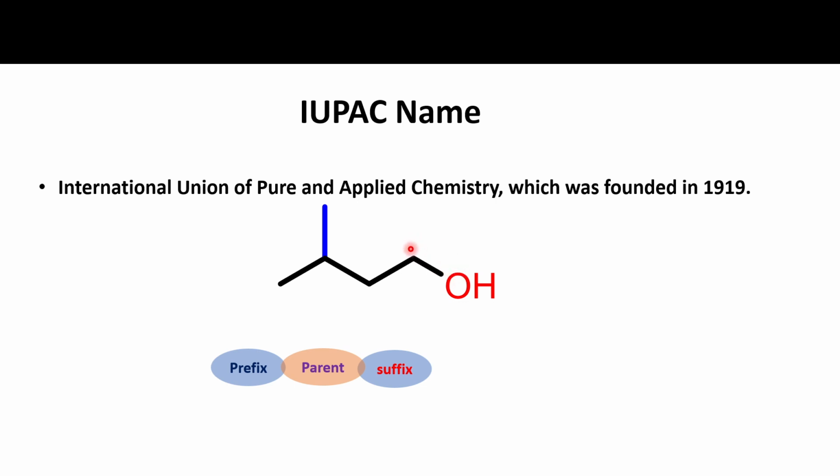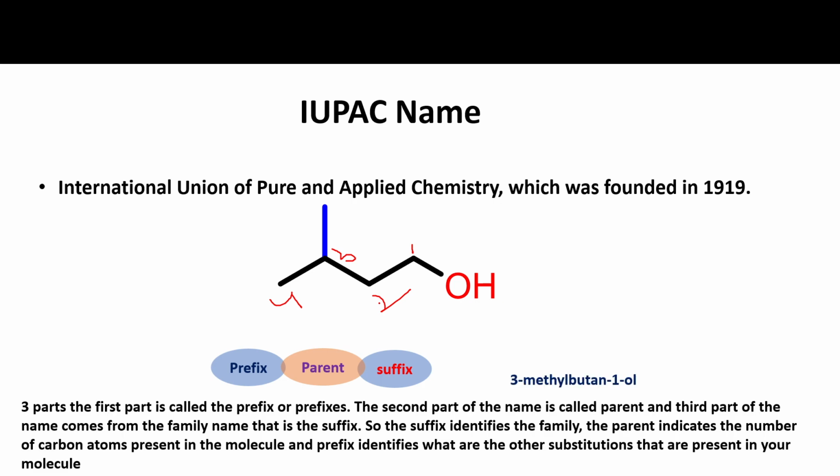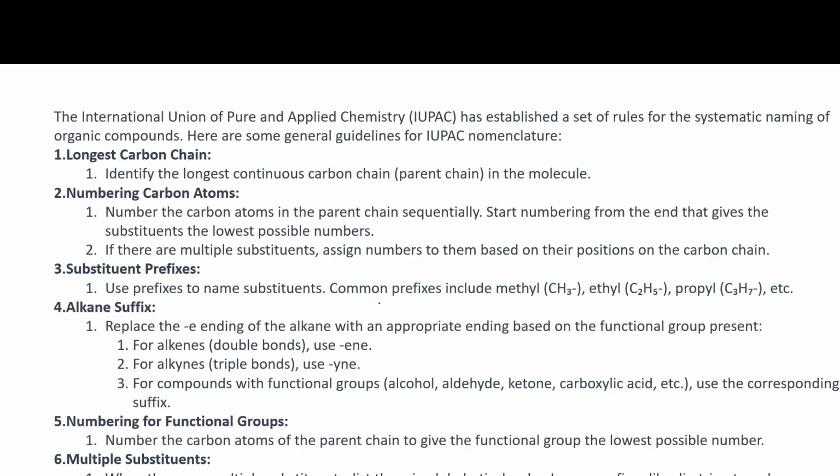If we start the numbering from this side, there will be a total of 4 carbons, so it will be 3-methylbutanol. Like this we have to give the IUPAC nomenclature.